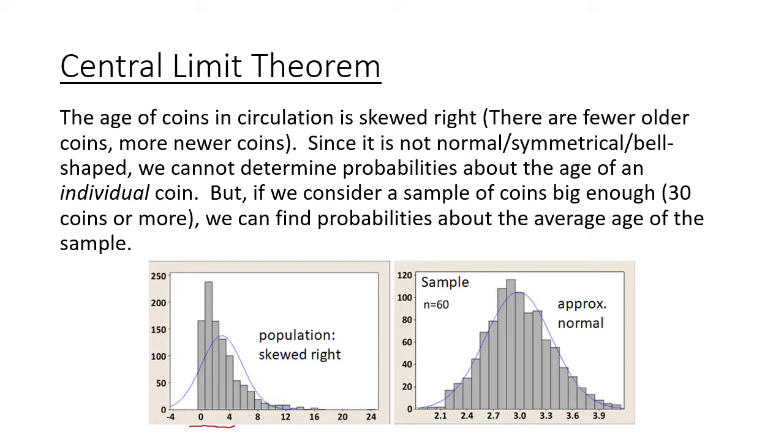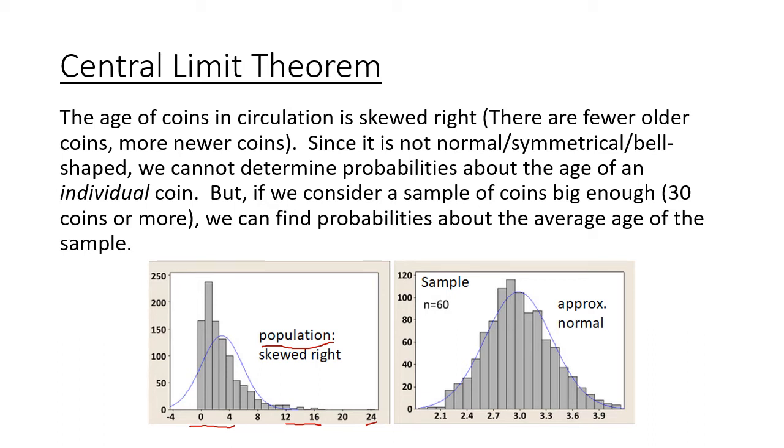This first graph on the left is your population. And then obviously there are going to be some older coins, right? You'll have some coins that are 12 years old or 16 years old and maybe even as much as 24 years old. But you're not going to have a lot of those. They're usually removed from circulation by that point, but obviously some still exist. So my population here is skewed right.